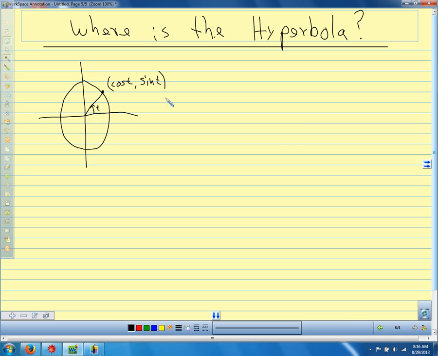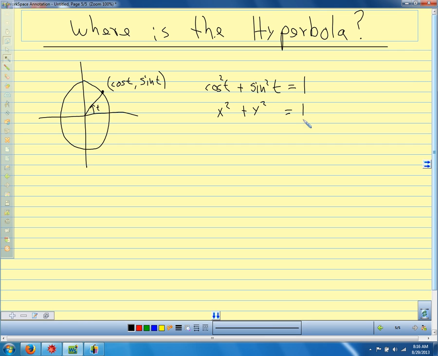And our basic Pythagorean identity, cosine squared t plus sine squared t equals 1, tells us that we're on the unit circle. This is x squared plus y squared equals 1. That's the equation of a unit circle, centered at the origin.